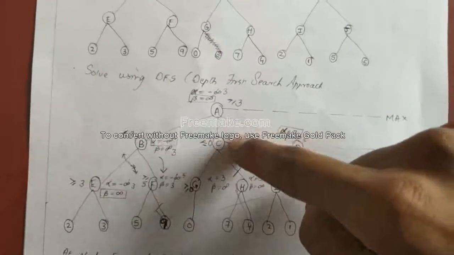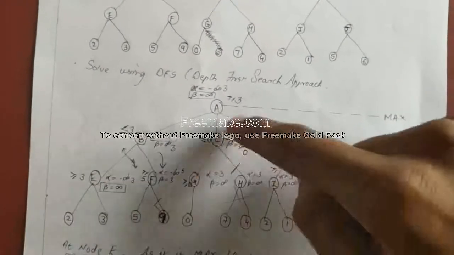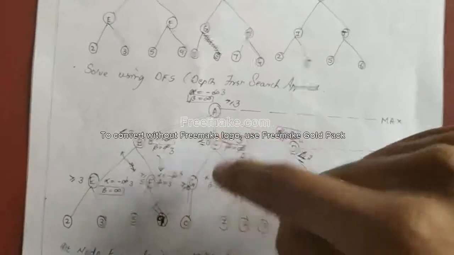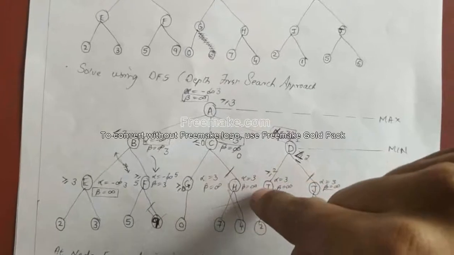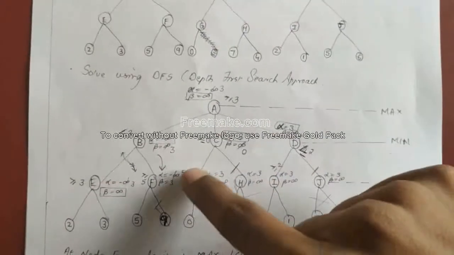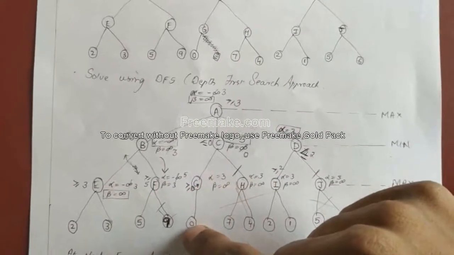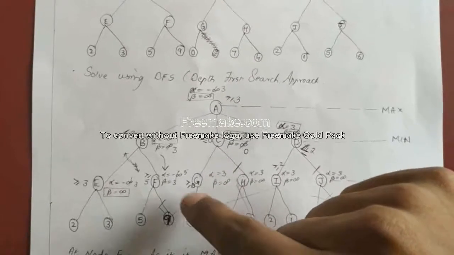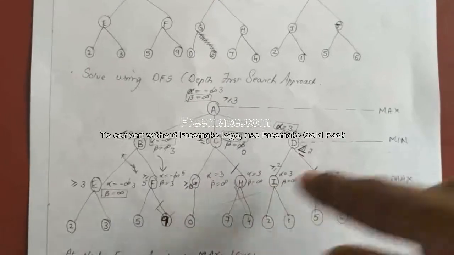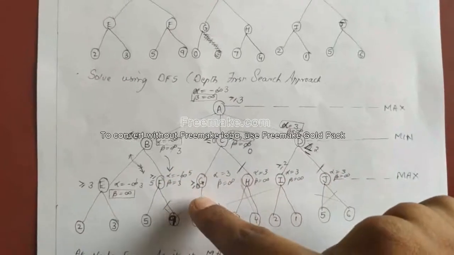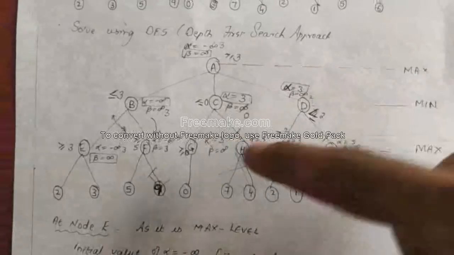Then these values can also be passed on to the other nodes which are attached to the current node, with alpha equal to 3 and beta equal to infinity. Since G is attached to only node 0, it needs to be taken into consideration. That is, since it is max, we consider it as greater than or equal to 0.